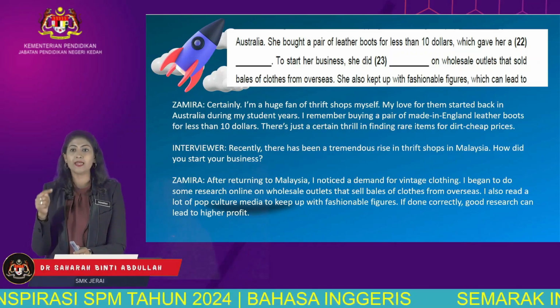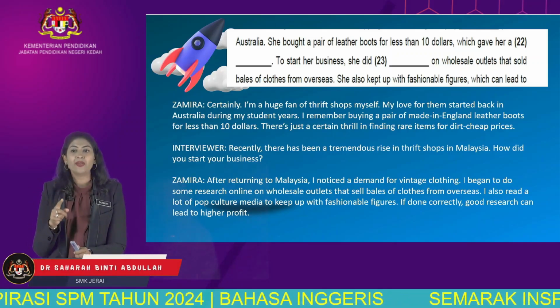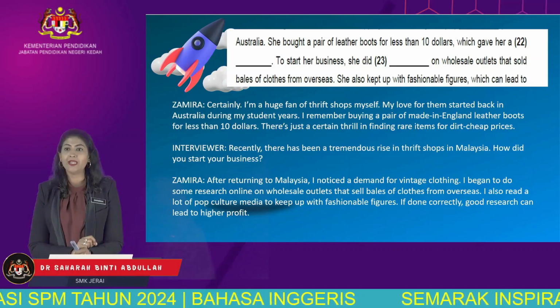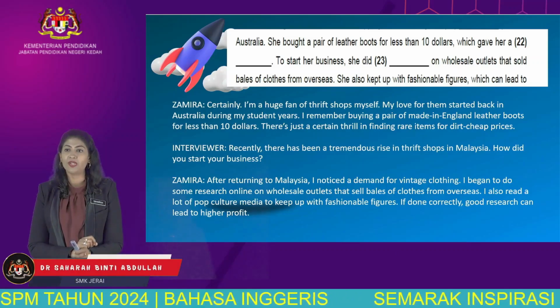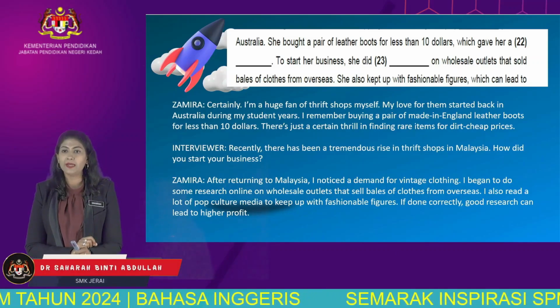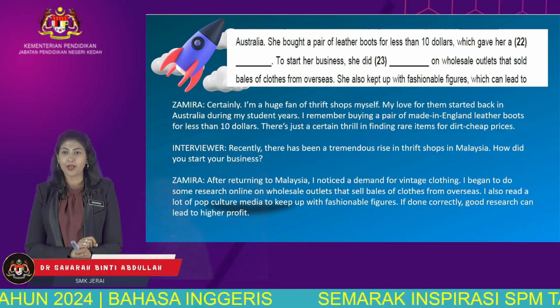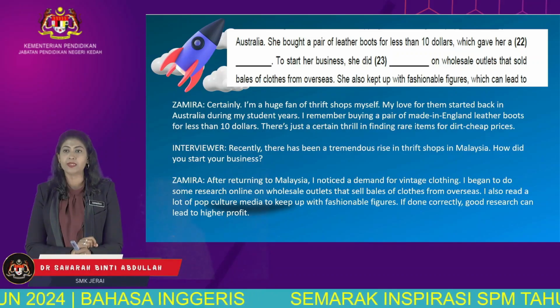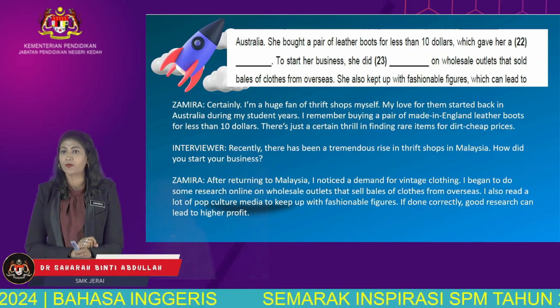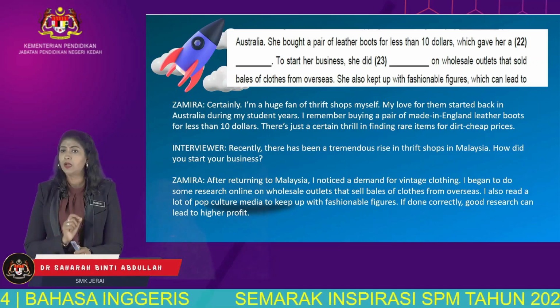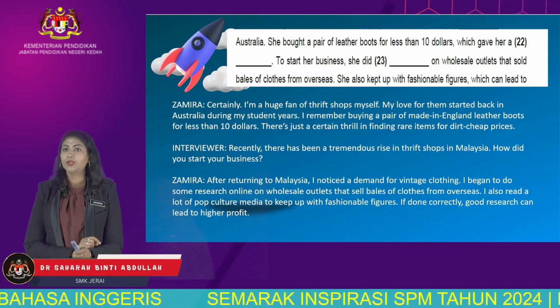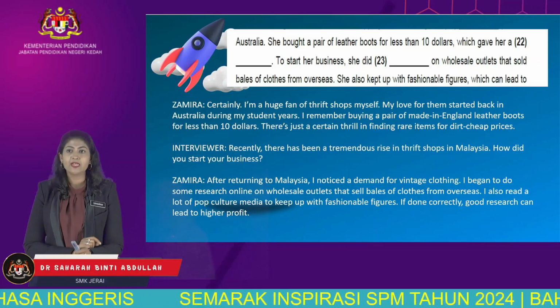So what does the interviewee say? After returning to Malaysia, I noticed a demand for vintage clothing. I began to do some research online on wholesale outlets that sells bales of clothes from overseas. Look at the question now. To start her business, she did.